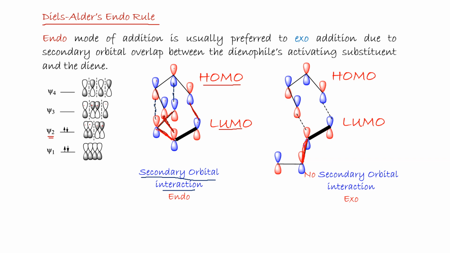So the transition state in this case is higher in energy. Endo will be kinetically favored with low activation energy, and the reaction will go this way. So we will find that in the transition state this double bond is facing the diene underneath, and the product will be 4-ethenyl cyclohex-1-ene.